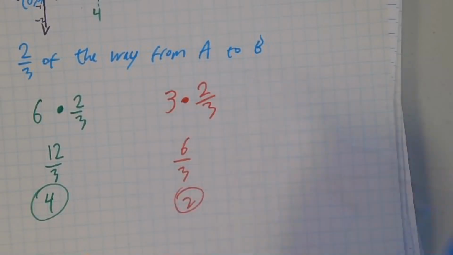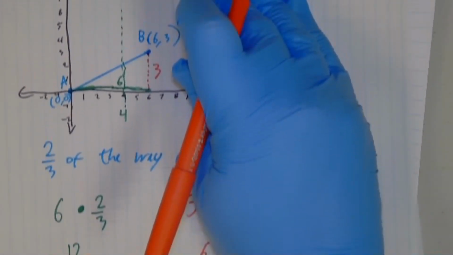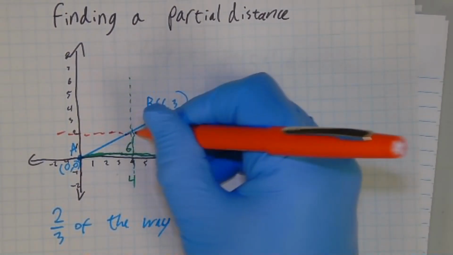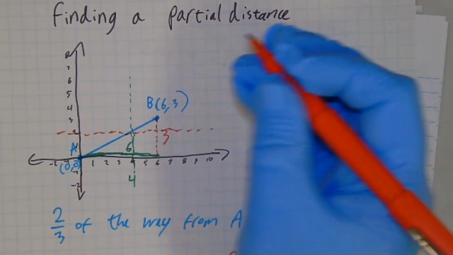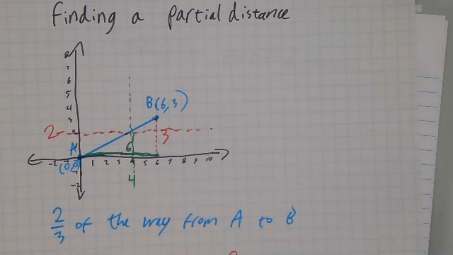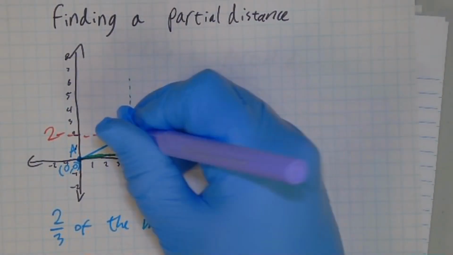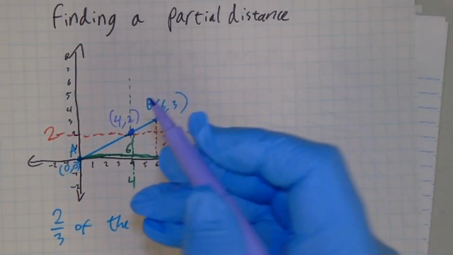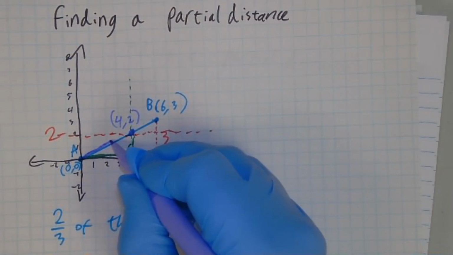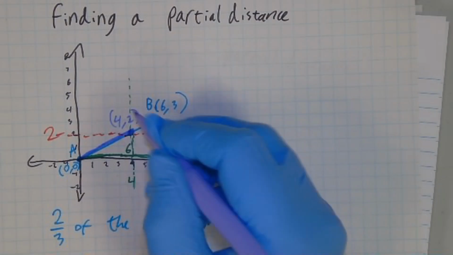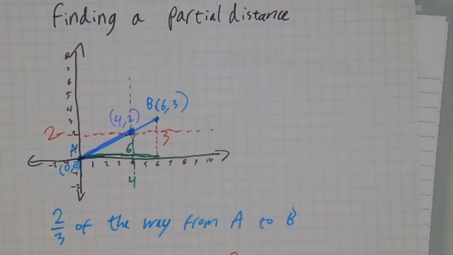That would be 2. So here, I know it'll be along 2. And this point right here at 4, 2 is the point that is 2/3 of the way from here to here. So that would be the coordinate of my new point.